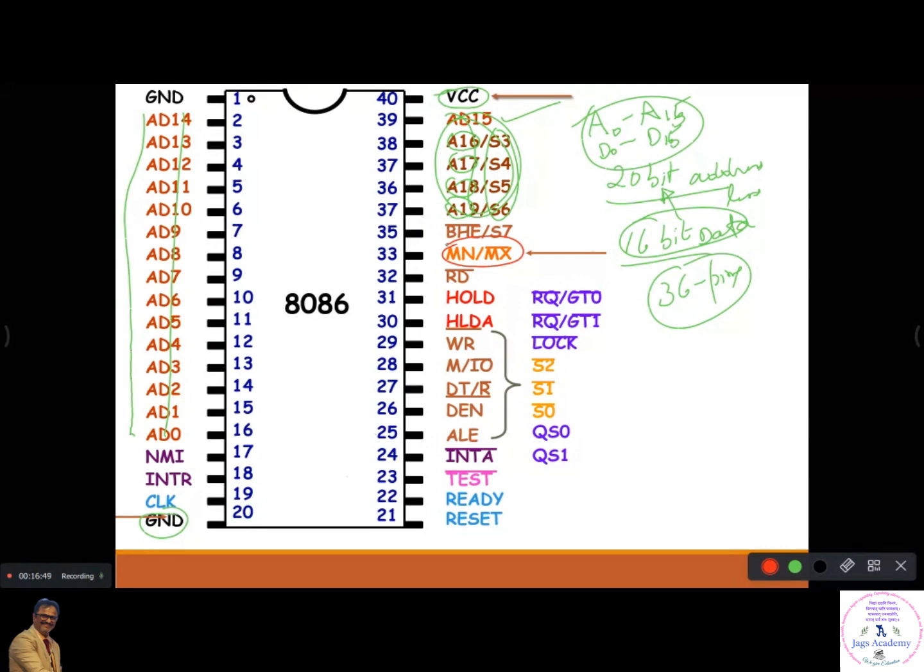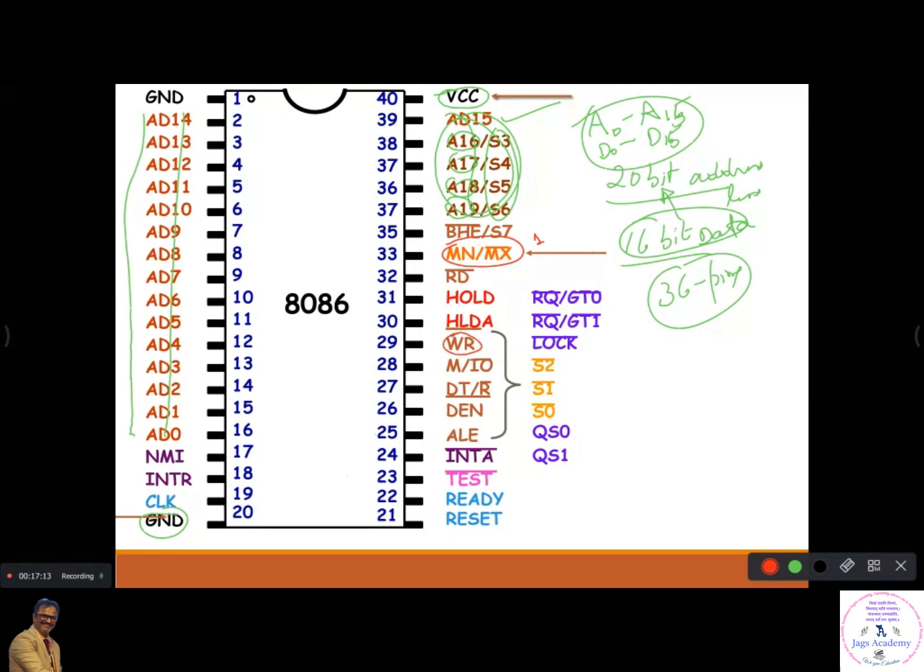What is the meaning of this? Whenever you give 1 to this, it will operate in min mode. Whenever you give 0 to that, it will operate in max mode. That's the way it's represented here. Hope you are understanding this. Okay, we'll see what is min max mode.